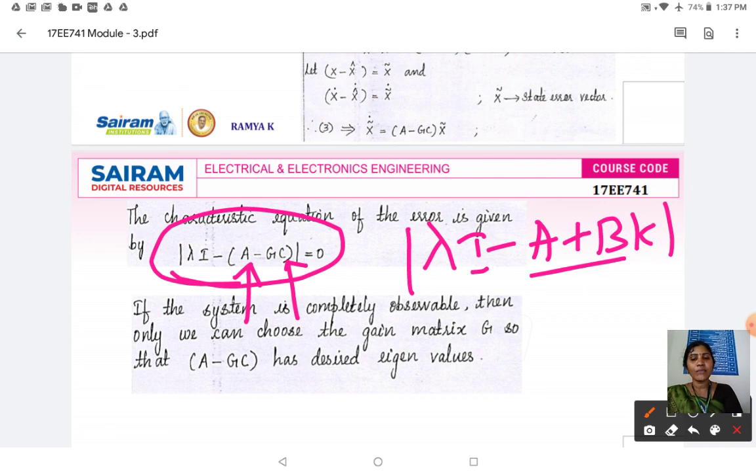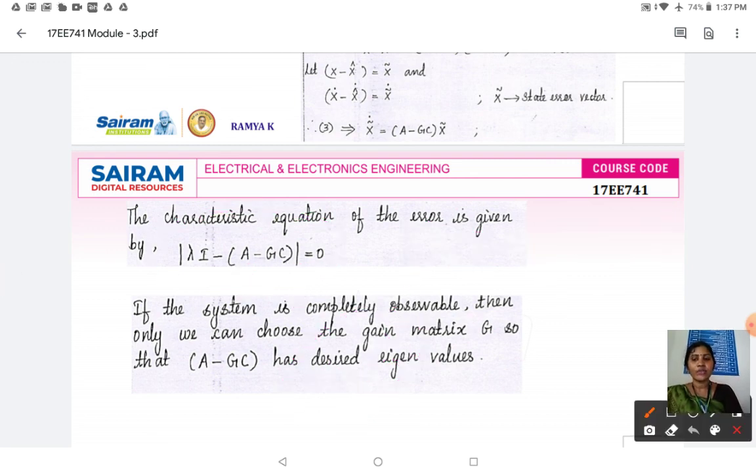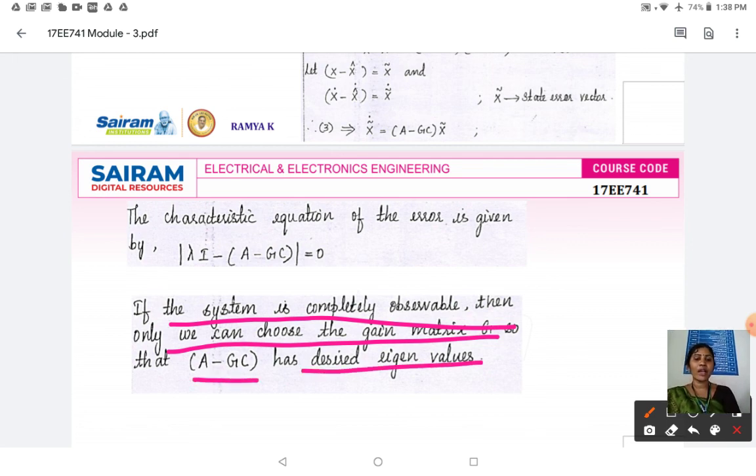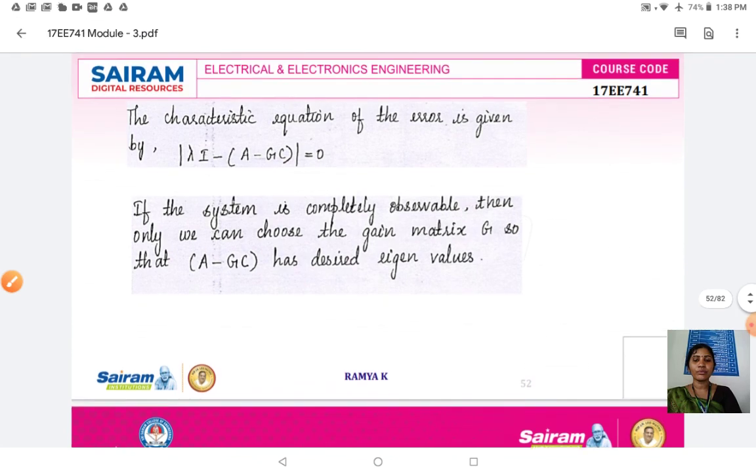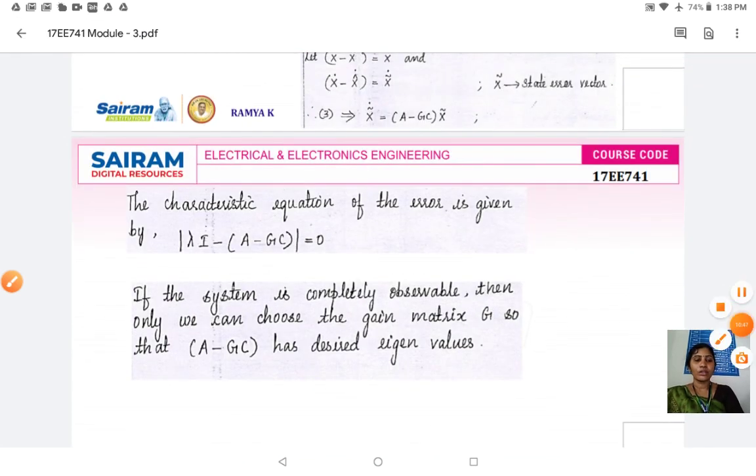It means that both your output and input U are involved to drive the system. So if the system is completely observable, then only can we go for finding your state observer gain G, so that A minus GC will have the desired eigenvalues. Thank you, students.